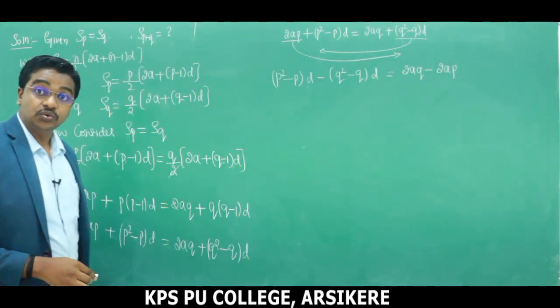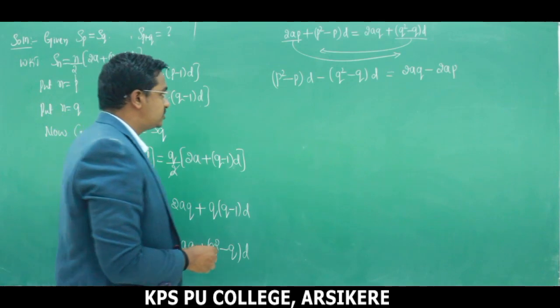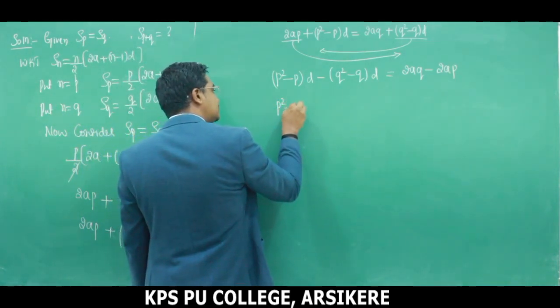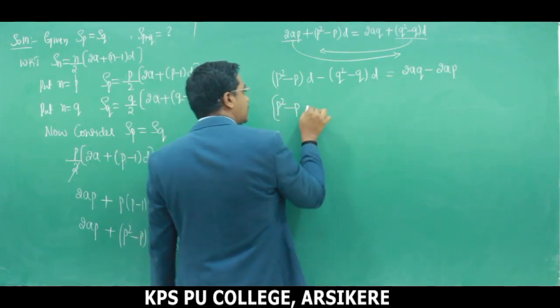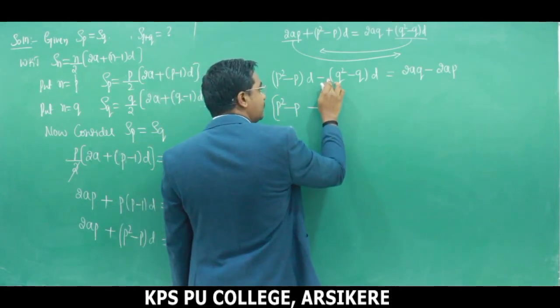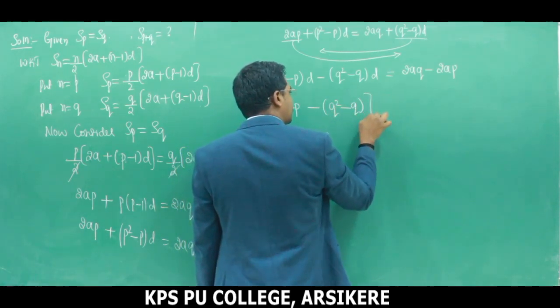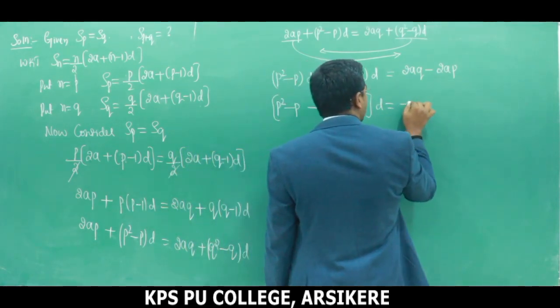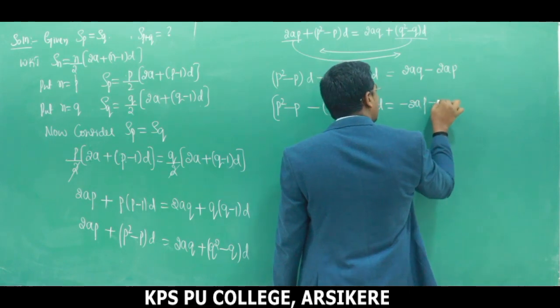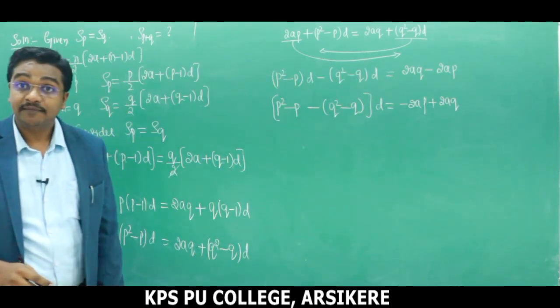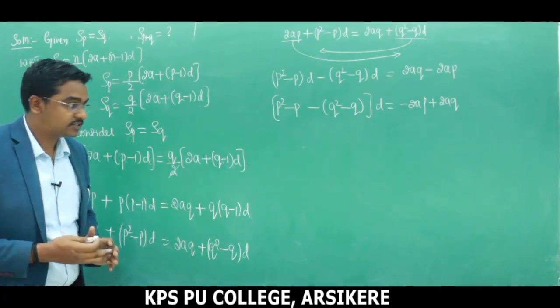Now from these two terms d is common, p square minus p minus q square minus q, into d is equal to minus 2ap plus 2aq. Just interchange the terms.